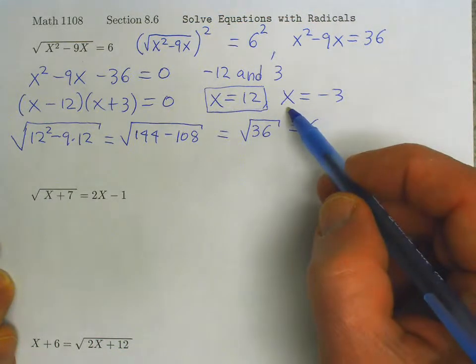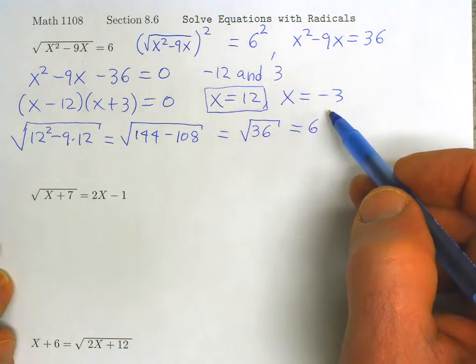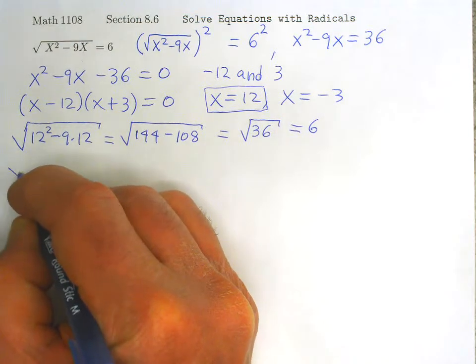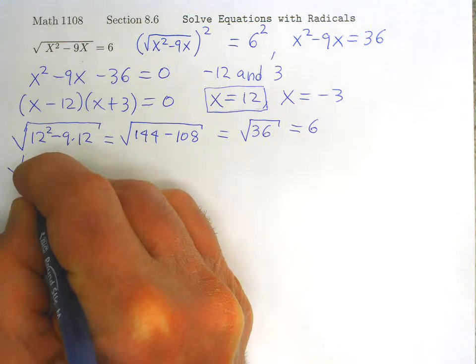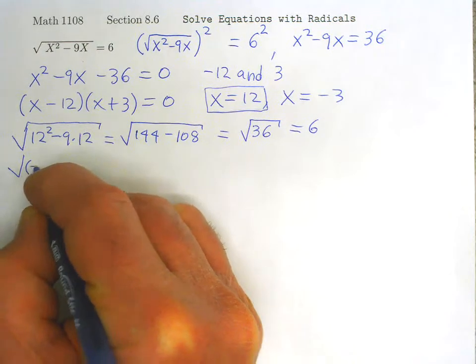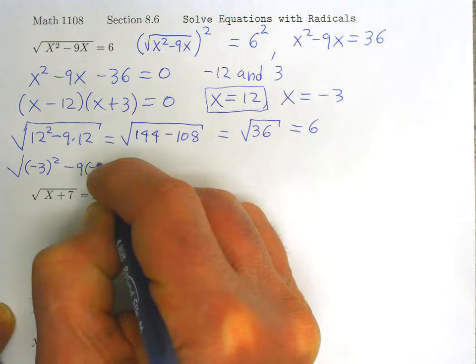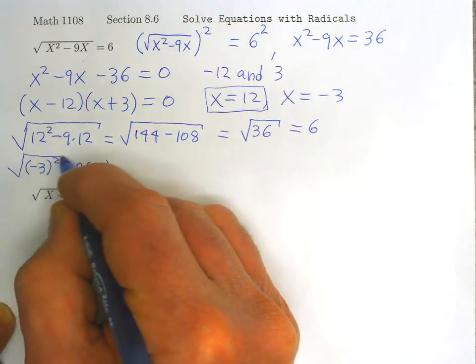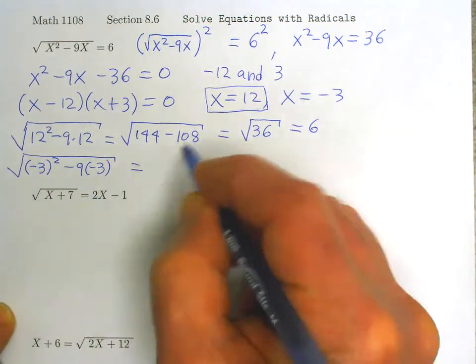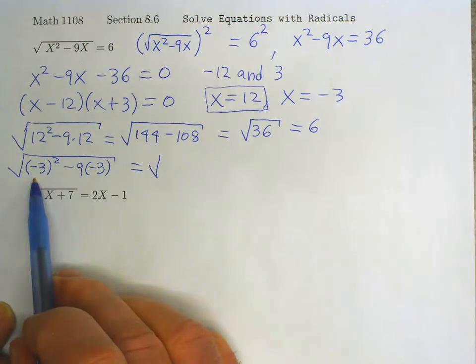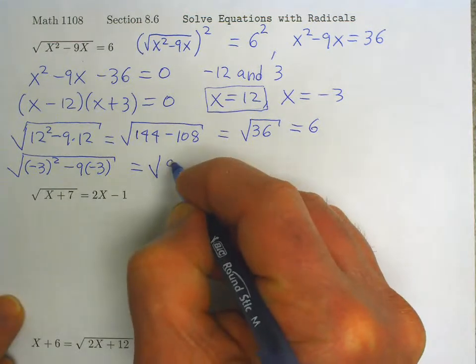Now let's check the other number, x equals negative 3. So down here, square root, replace every x with negative 3. So we have the square root of the number negative 3 squared minus 9 times negative 3. And inside the square root, when you square negative 3, you get positive 9.